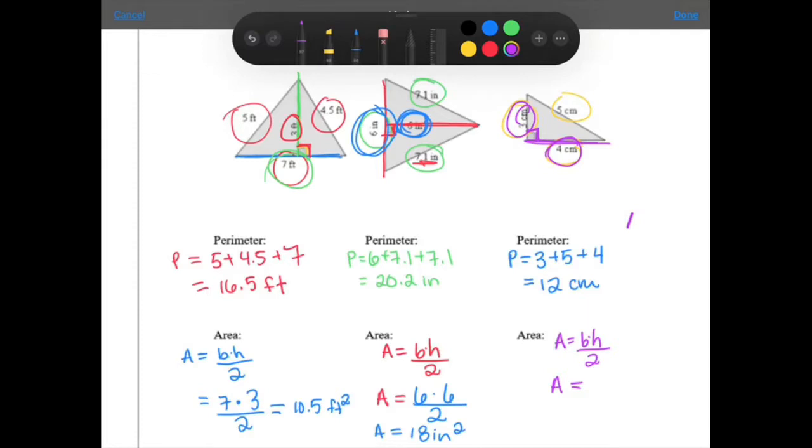You could do 4 times 3 or 3 times 4. It doesn't matter because 2 of the sides are perpendicular to each other. So in this case, it's just 3 times 4 divided by 2. If you have 3 as the base and 4 as the height, or 4 as the height and 3 as the base, like I said, does not matter. Alright, so 3 times 4 divided by 2, and our area is 6 centimeters squared.